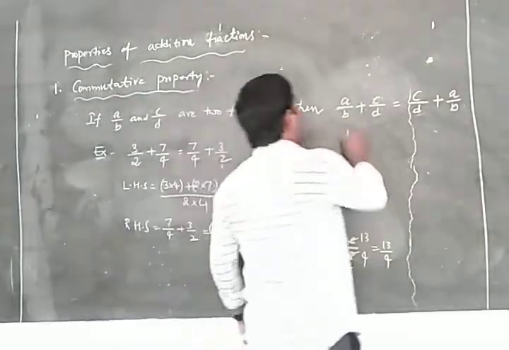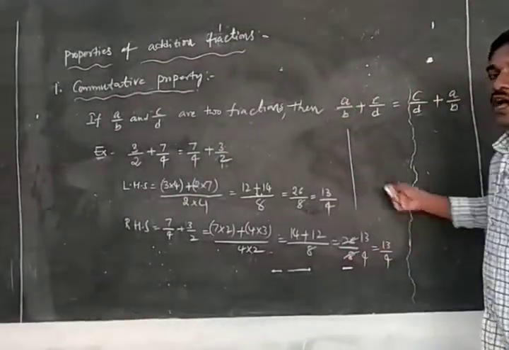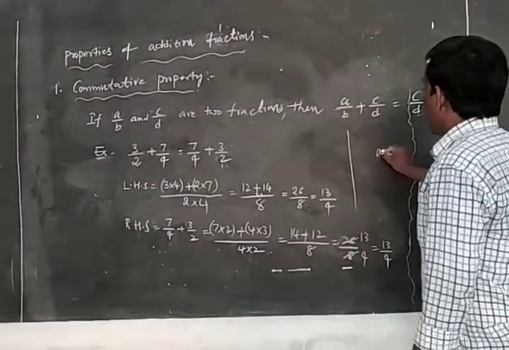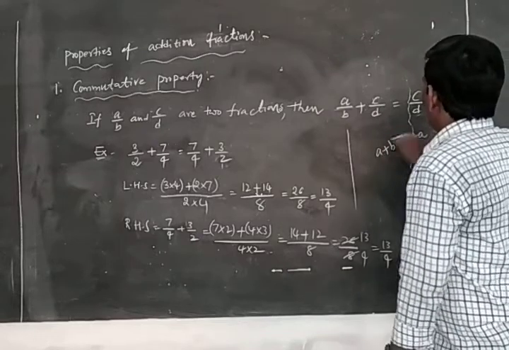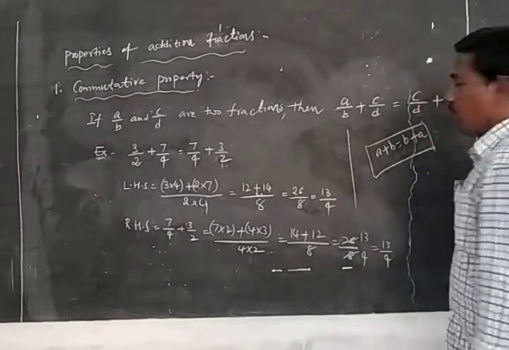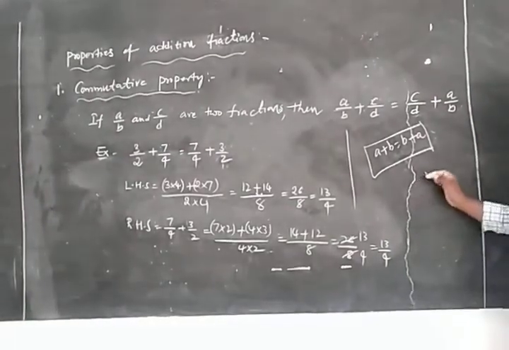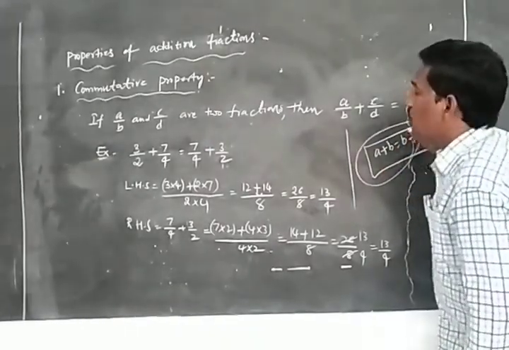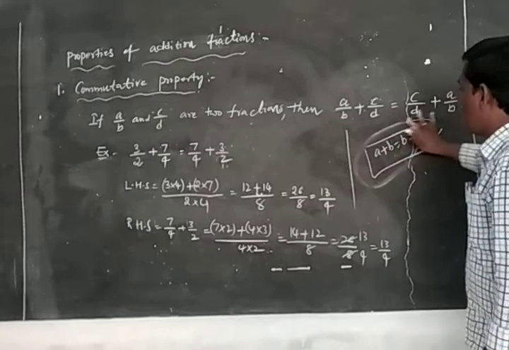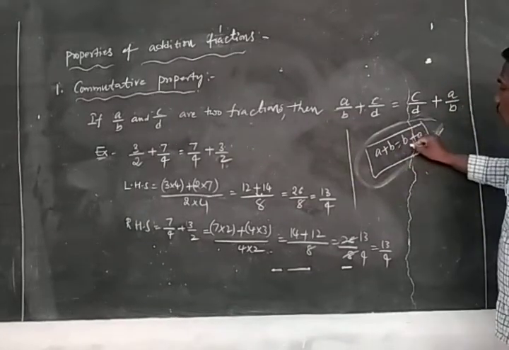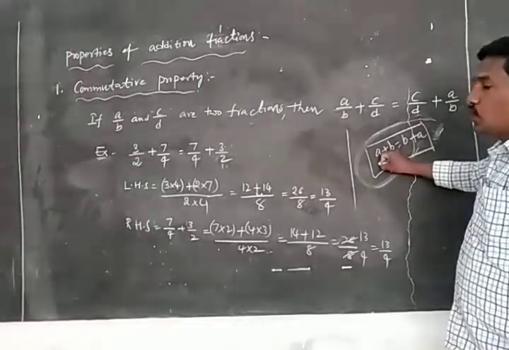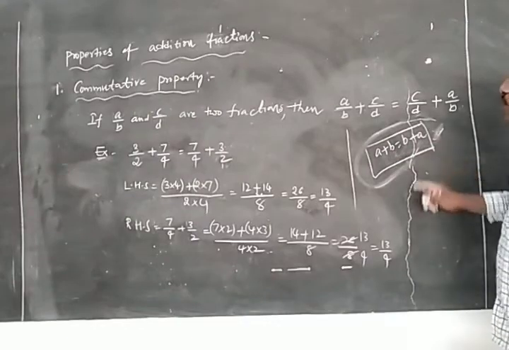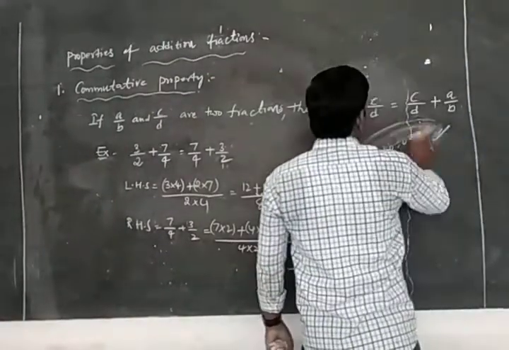Already you learned in 6th class: if A, B are two natural numbers or whole numbers, A plus B equals B plus A. This is the commutative property in addition of numbers or integers. If A, B are two numbers, A plus B equals B plus A, you can say that the commutative property is satisfied for the given numbers.